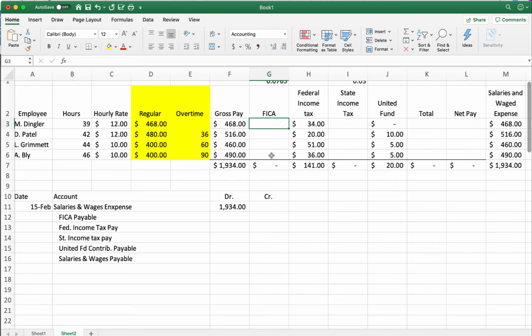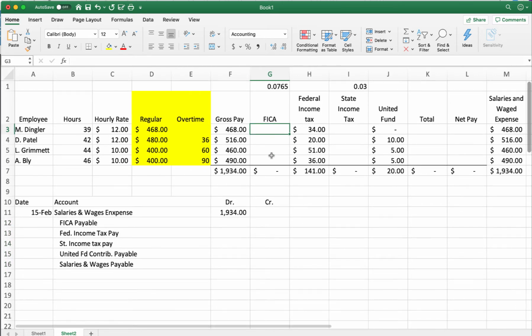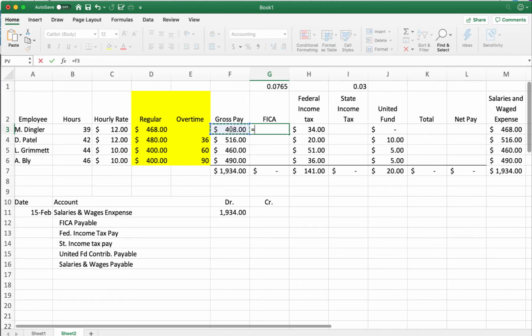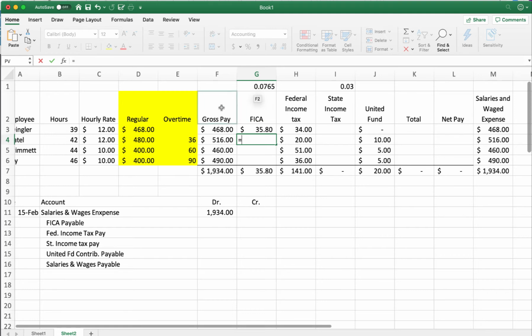So now what I'm going to do is I'm going to calculate the FICA. Super easy to do, okay? If you notice in cell G1, I plugged in the FICA amount, which is 0.0765. All I need to do is multiply the gross by that FICA amount, okay? And I'm going to do that all the way down.